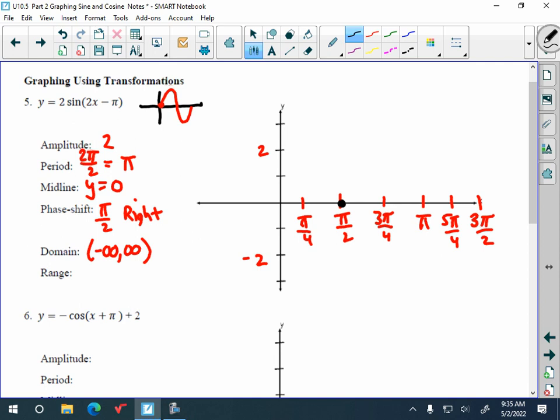All right, so we're going to start to go up, then come back down, go down to the lowest, end on the midline, or the x-axis. Right, so there's our sine graph shifted to the right pi over 2 units. All right, our range, we can see the lowest is -2, the highest is +2, so -2 to +2.